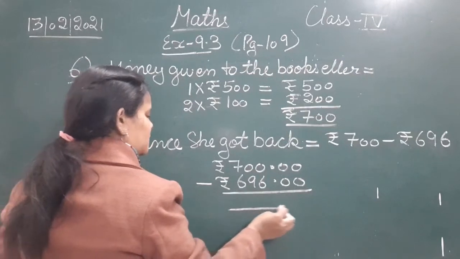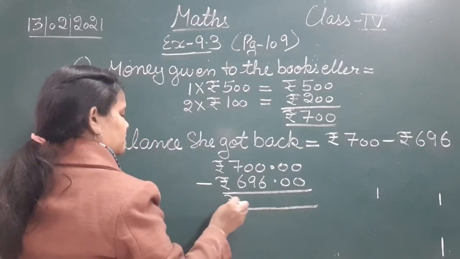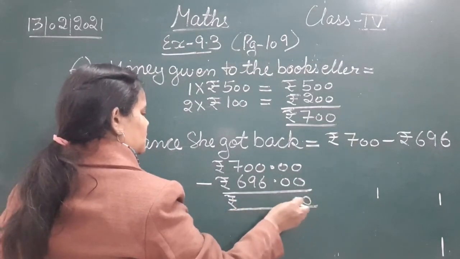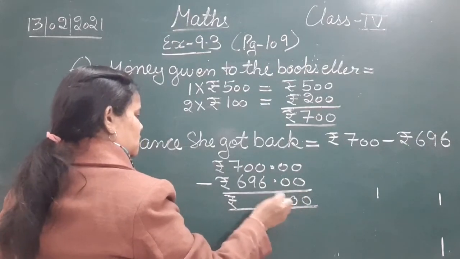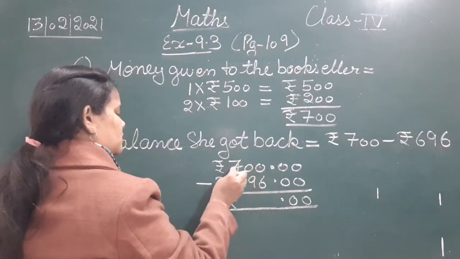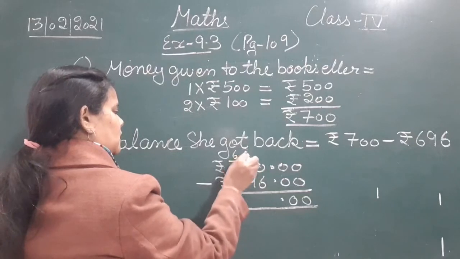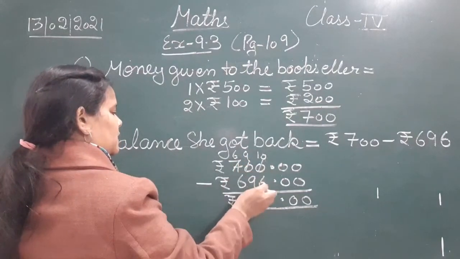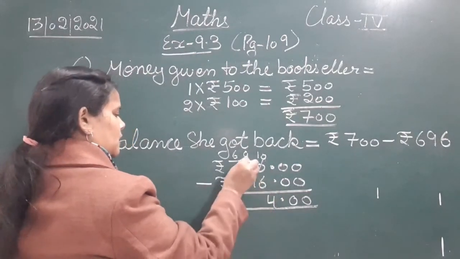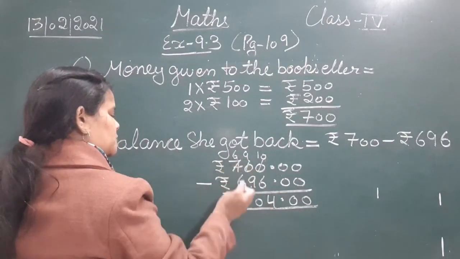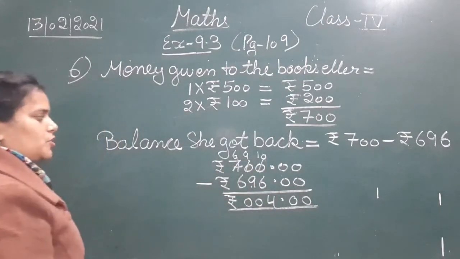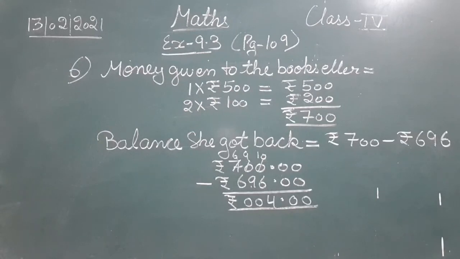Let's calculate 0 minus 6. It will borrow from here: 6, 9 and 10. 10 minus 6 is 4, 9 minus 9 is 0, 6 minus 6 is 0. So that means she will get a balance of rupees 4 only.